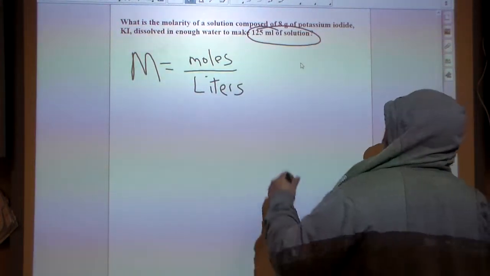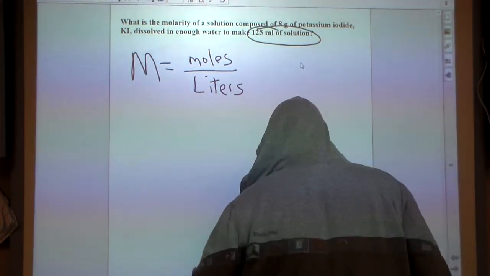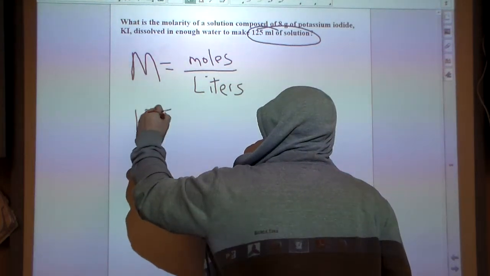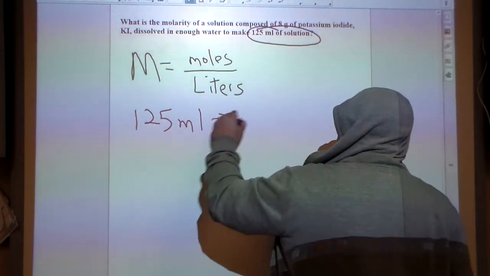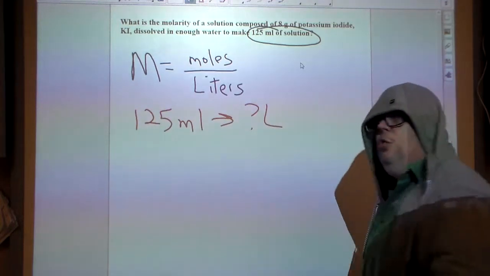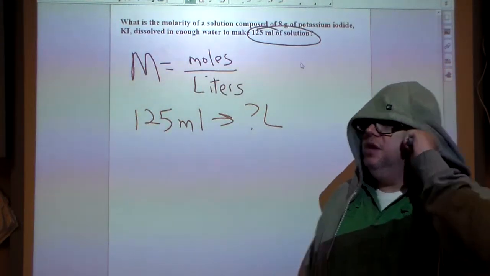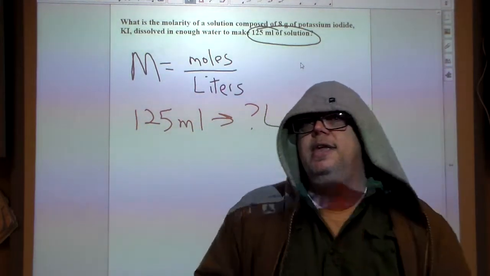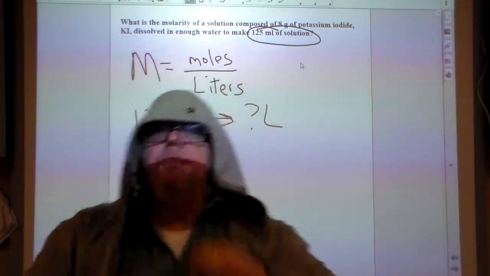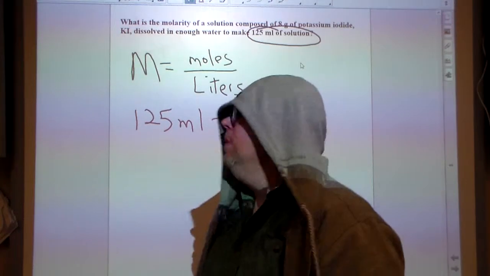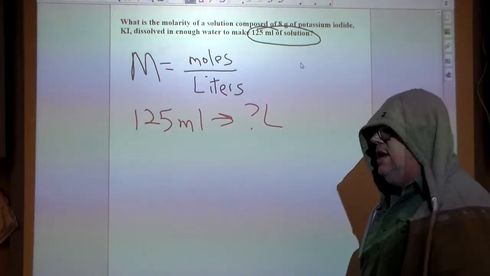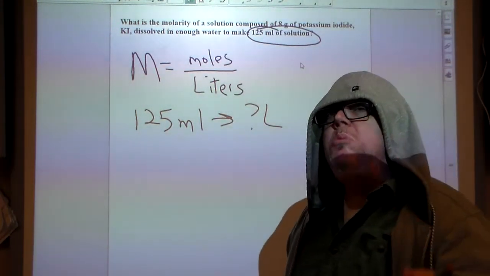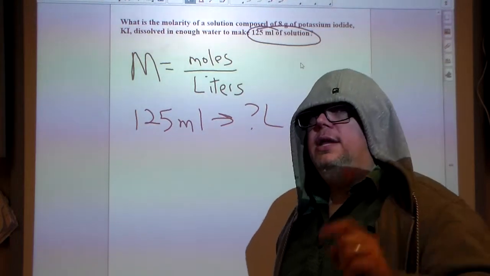Well, we know that we have to change the 125 milliliters into liters. We must do that. We have to use the appropriate volume. Now, how do we do this? That is where the metric system comes into play. How many milliliters are in a liter?